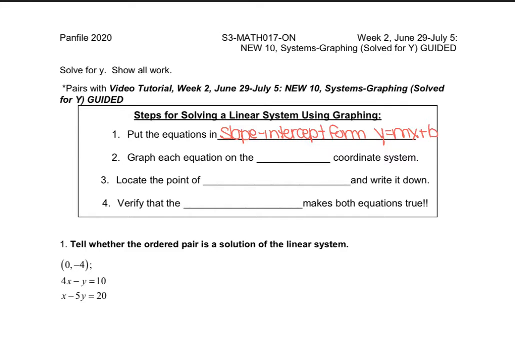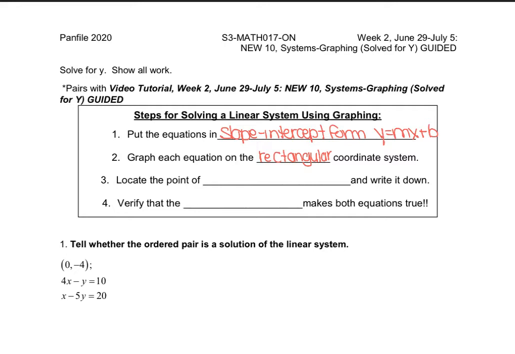Then we want to graph each equation on the rectangular coordinate system.